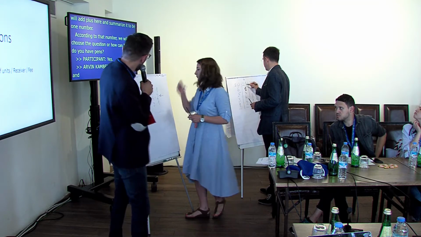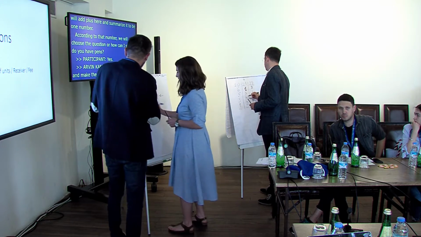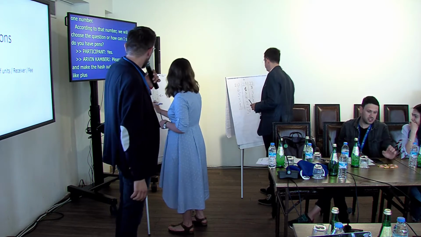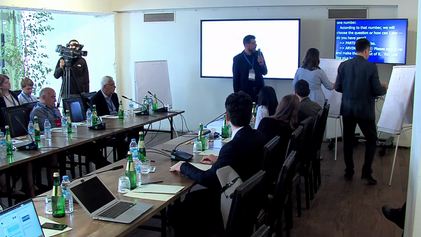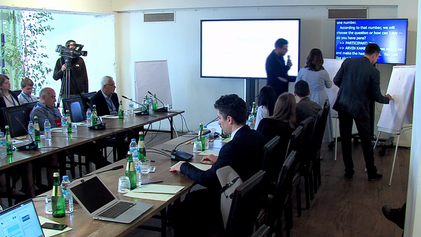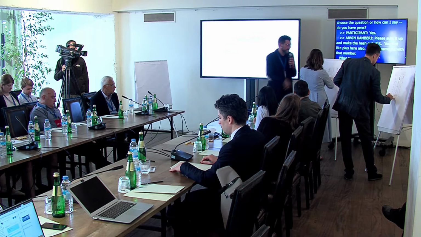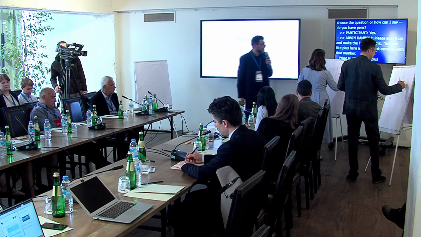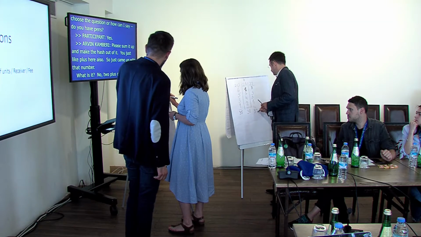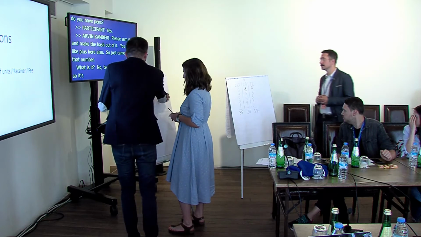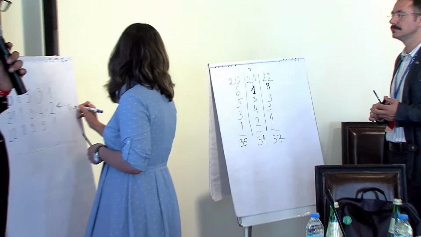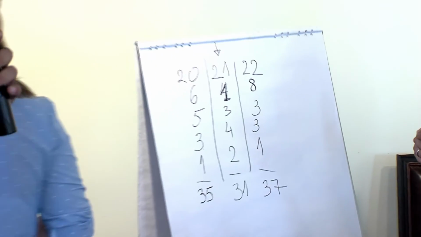You just put plus here. So just come up with that number. 2 plus 1 plus 1 plus 3 plus 4 plus... So it's 14? And reduce it to a single digit number. It's 5. Okay.